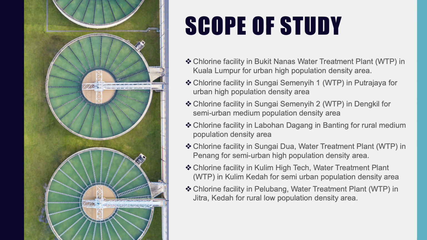Chlorine facility in Sungai Semenyih 2 in Dengkil for the semi-urban medium population density area. Chlorine facility in Labuhan Dagang in Banting for semi-urban medium population density area. Chlorine facility in Sungai Dua water treatment plant in Pulau Pinang for semi-urban high population density area. Chlorine facility in Kulim High Tech water treatment plant in Kulim, Kedah. Chlorine facility in Pelubang water treatment plant in Jitra, Kedah for the rural low population density area.